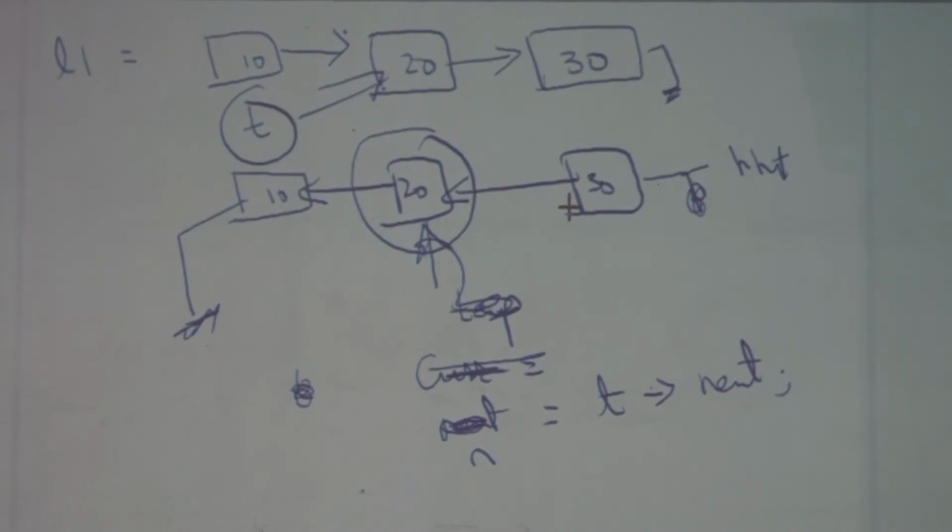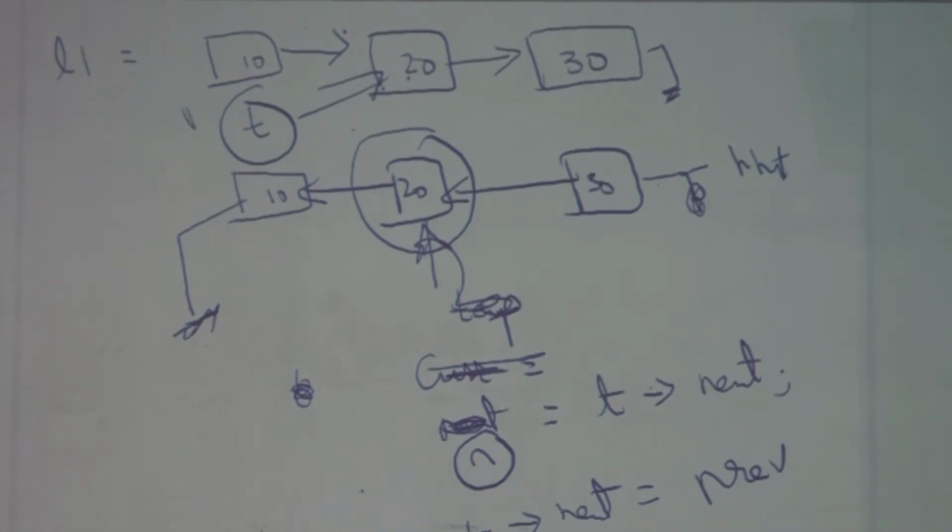Think a little. I have to keep this guy's next with me. Just imagine I am here. Then I have to have a previous. I have captured T's next pointer, so I know how to move forward. Now I am free to update T's next. T's next is equal to previous.